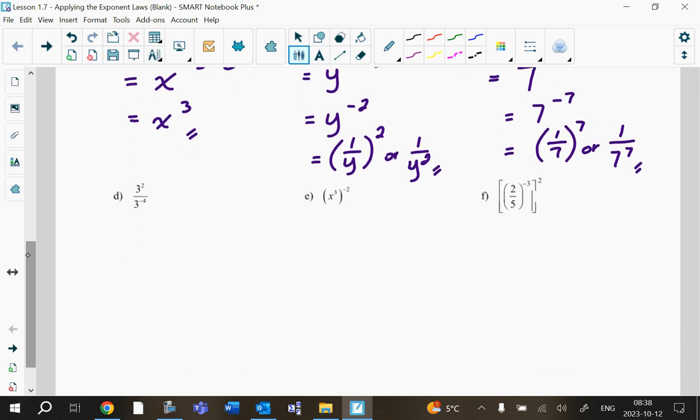This one you got to be a little bit careful. When I divide powers, what happens to the base? And what do I do with the exponents? So this is not 2 minus 4. This is 2 subtract negative 4. 2 subtract negative 4, which changes it to plus. So I end up with 3 to the 6th.